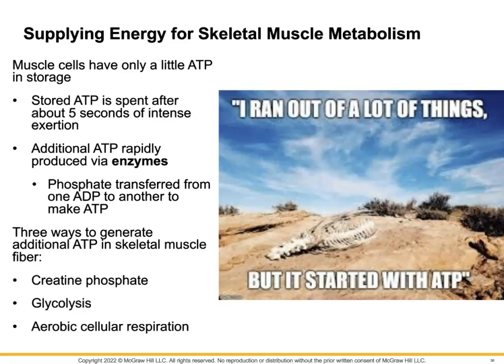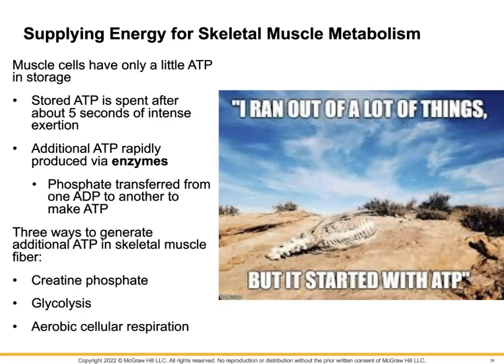Now, once the cross bridge is formed, it takes another ATP to break the cross bridge, right? Then that same ATP gets hydrolyzed to put it back into the cocked position. So that's 2 ATP already for each myosin head: 1 to get it into the cocked position, 2 to break the cross bridge.